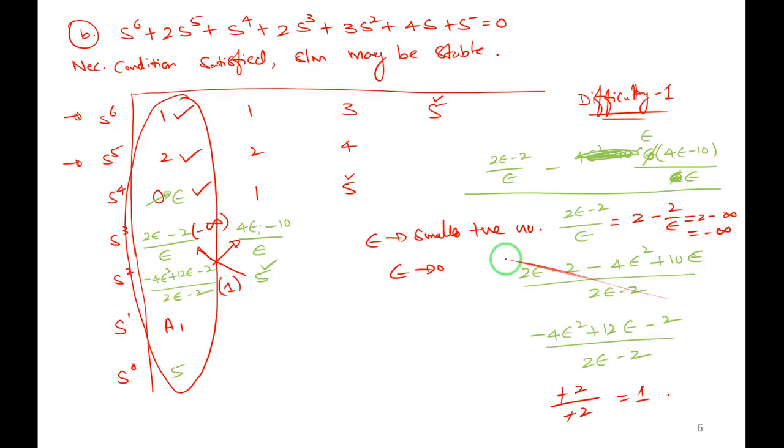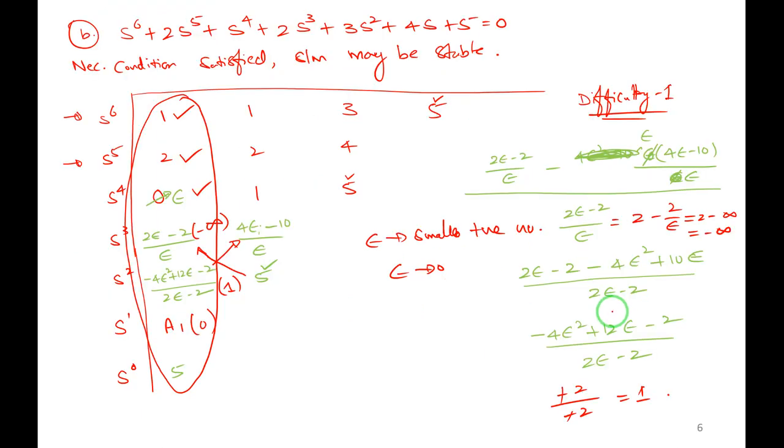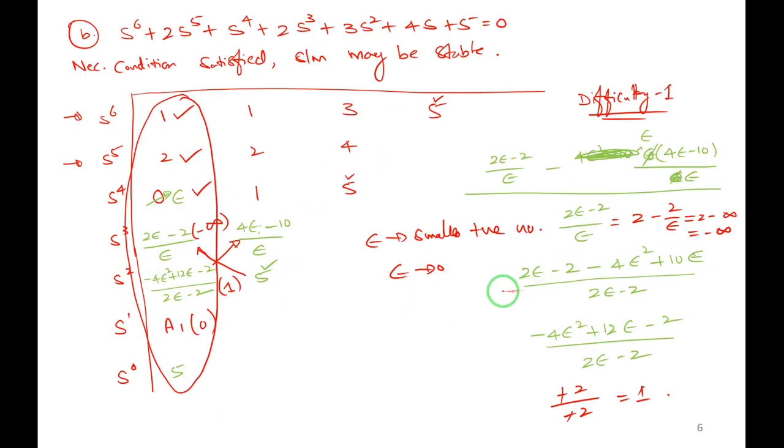Is it a small positive number or negative number? Let me cross verify that I have not done anything wrong here. Plus infinity, minus infinity, and this is plus infinity. So I am getting 0. Let me treat it as a positive number.